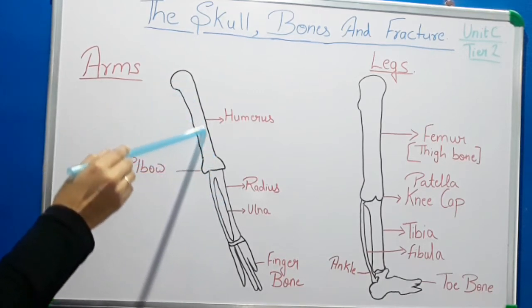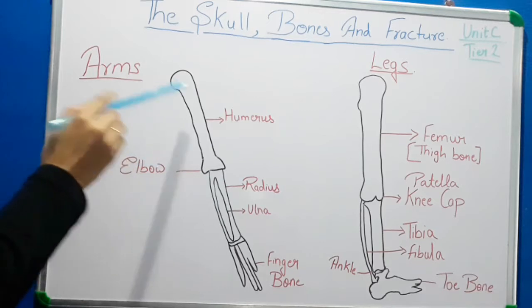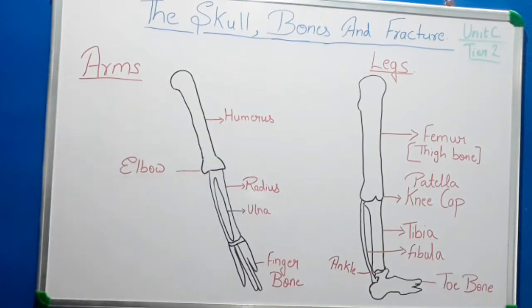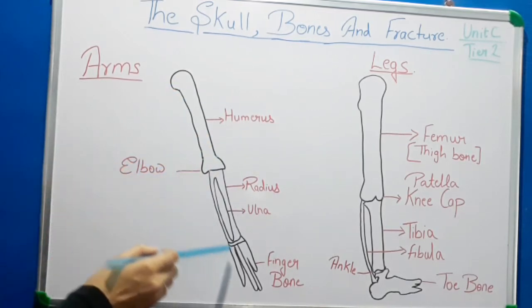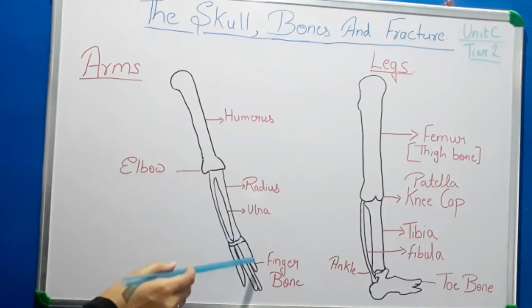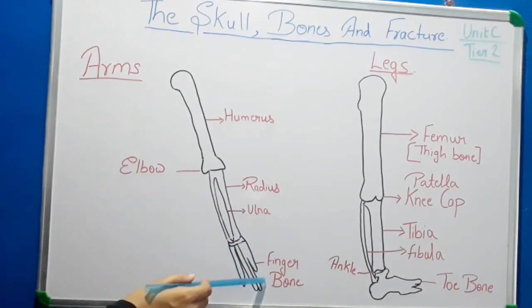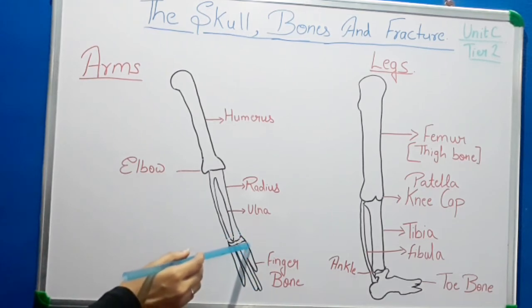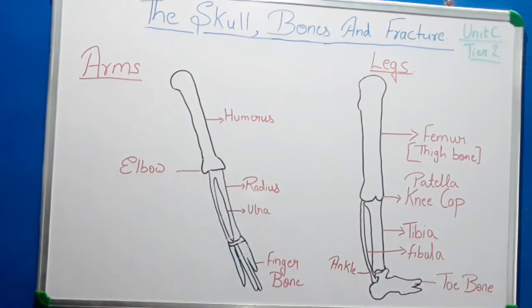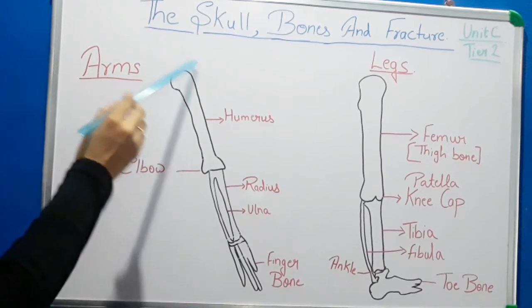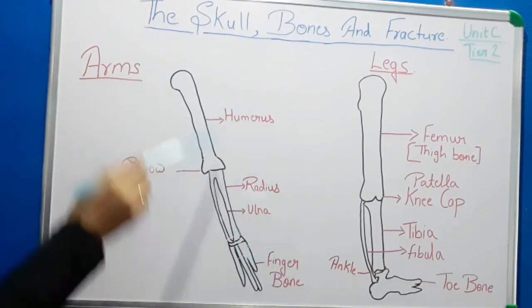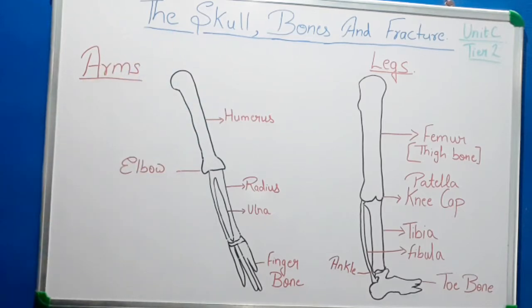There is only one bone in the upper arm, that is called the humerus. The wrist, the palm and the finger bones have small bones in them. Is it clear? In total, in one arm there are 30 bones.